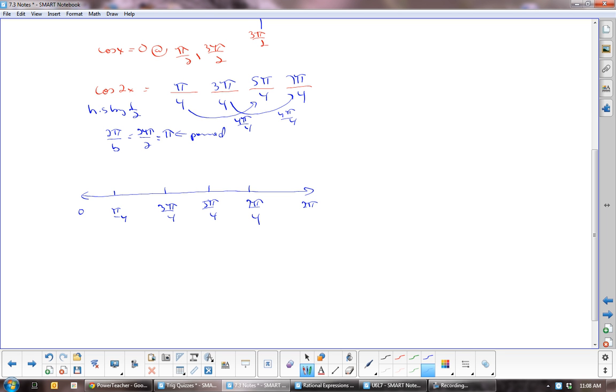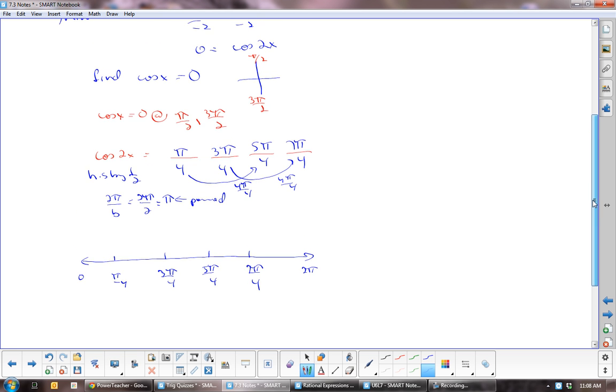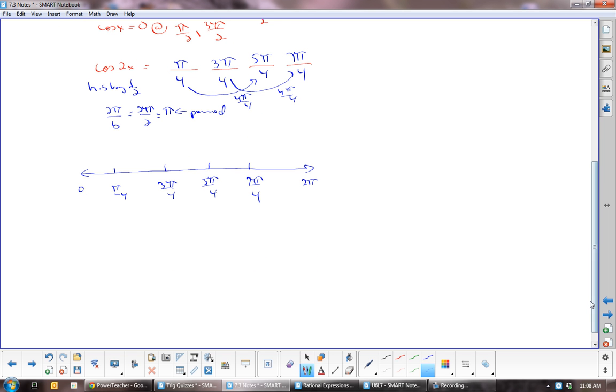Now where these get to be a little bit more interesting is finding test values. Okay? So what I find works the best is I find the decimal for each one of them. Okay? And so what's pi over 4? What is that in decimal? 0.79.